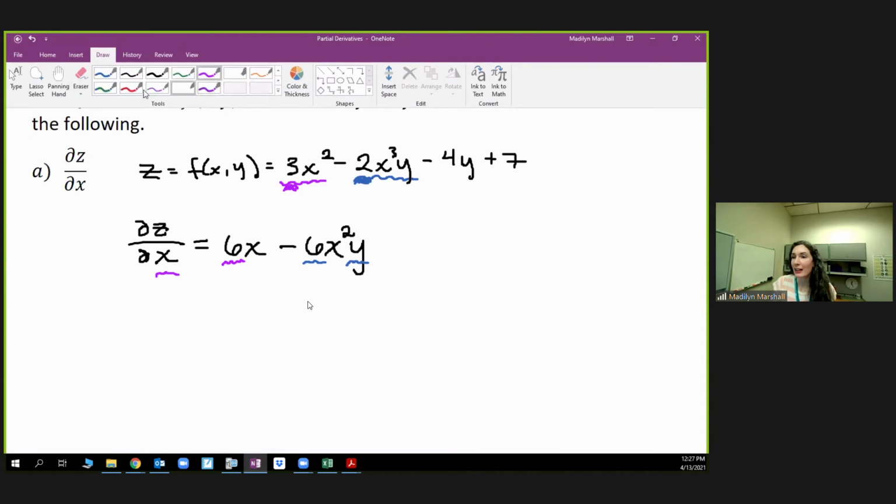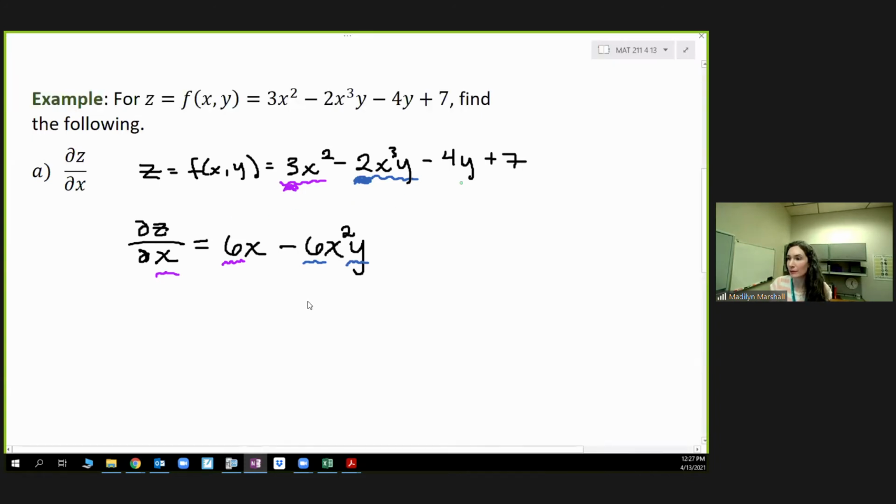When we look at the rest of the terms, we are doing the derivative with respect to x right now. There is no x here, no x there or here.